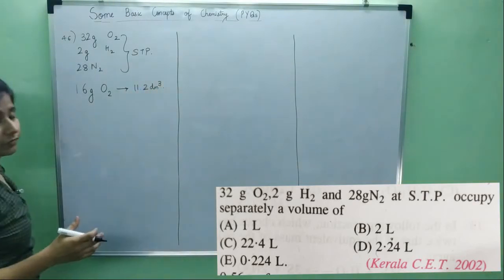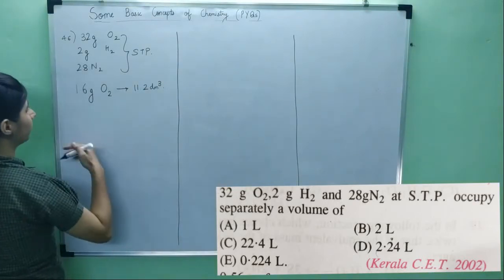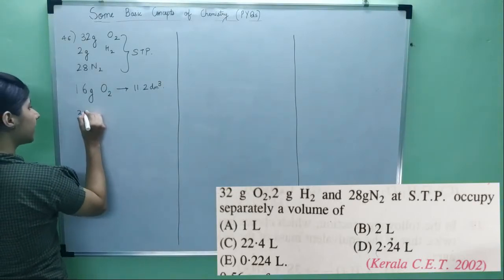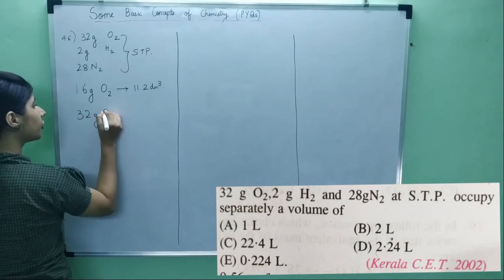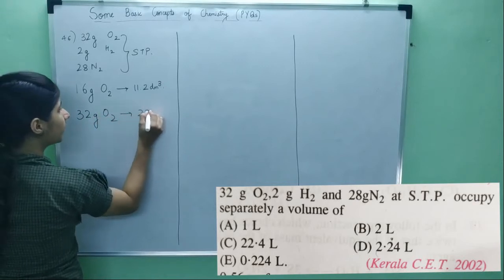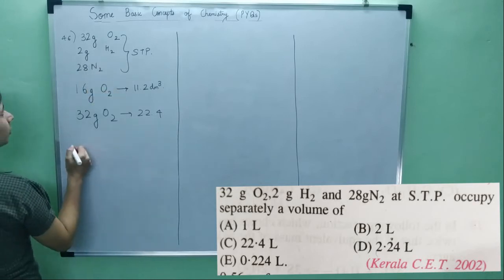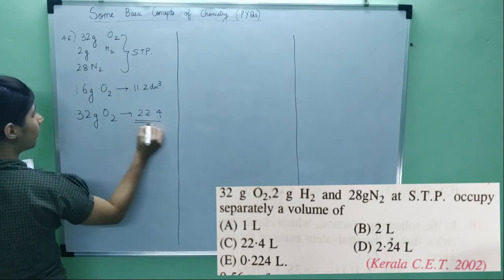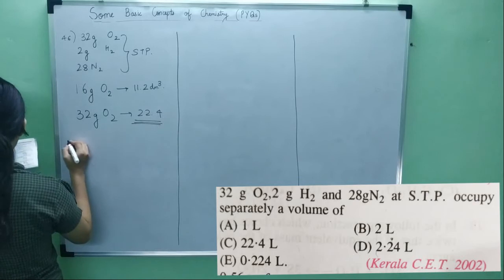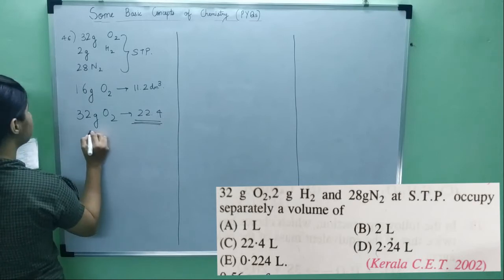So they will form dimers and the volume reduces to half. But if I take double the weight, 32 grams of oxygen, this will occupy 22.4. Similarly would be the case with the other two. So therefore what would be the answer? Each will occupy 22.4 and therefore the answer would be option C.